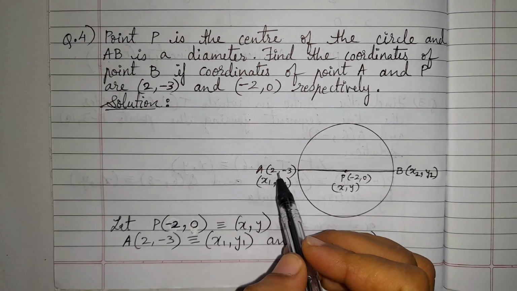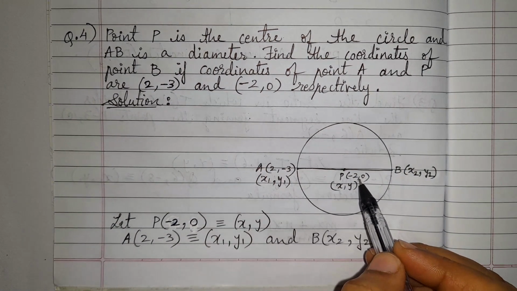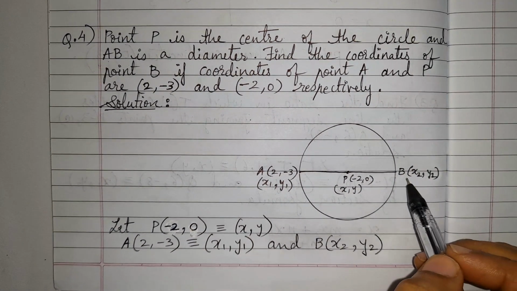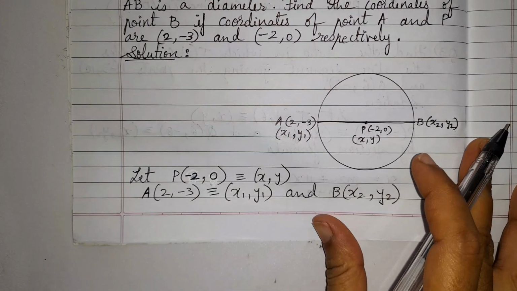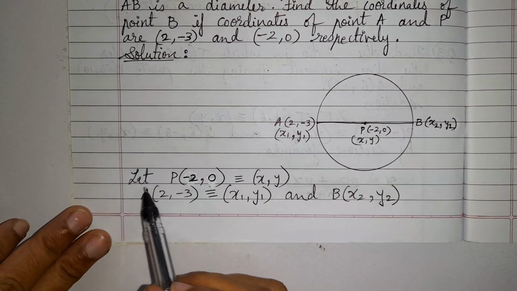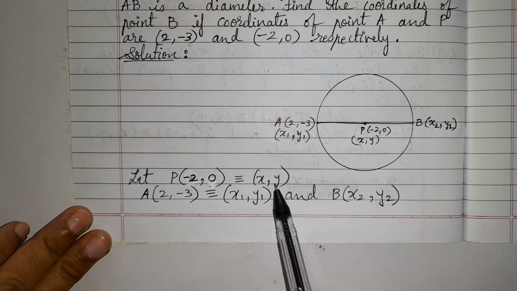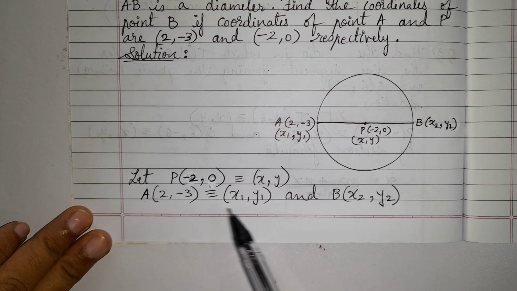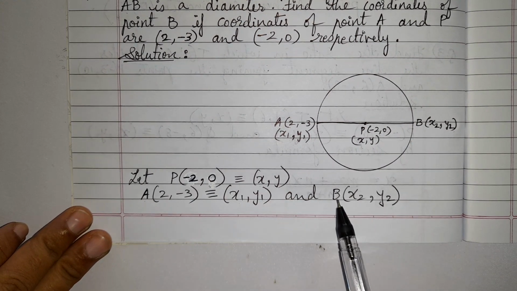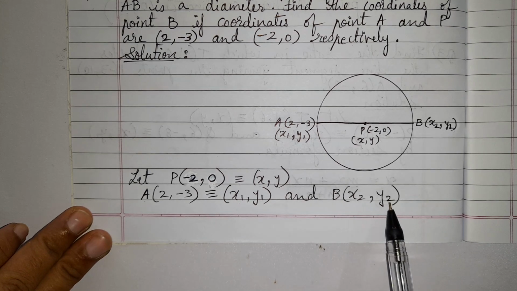Here the coordinates of points A and P are given. We need to find the coordinates of point B. So let the coordinates of point P be (x, y), which is the midpoint. Coordinates of point A be (x1, y1) and coordinates of point B be (x2, y2).